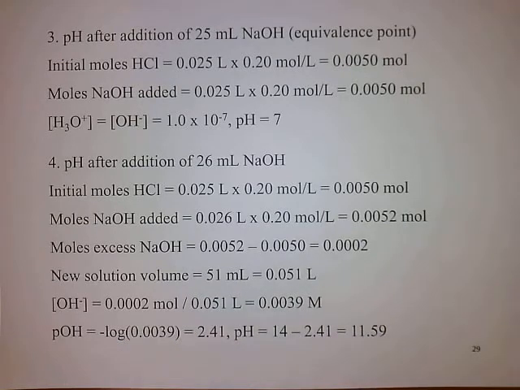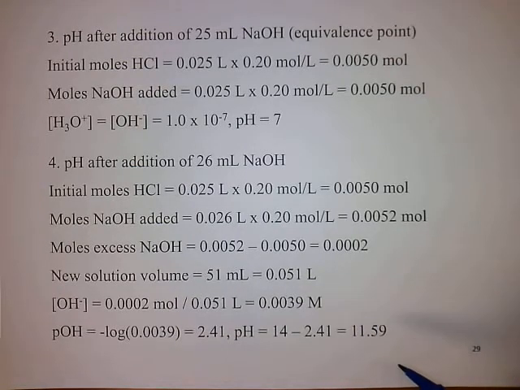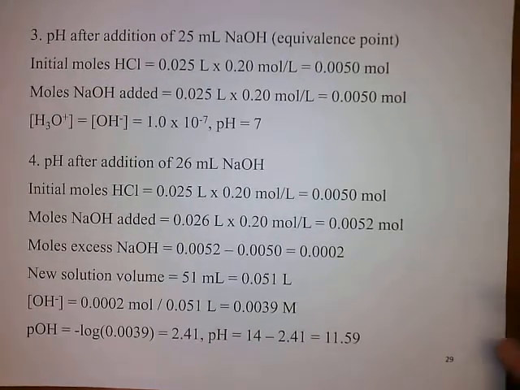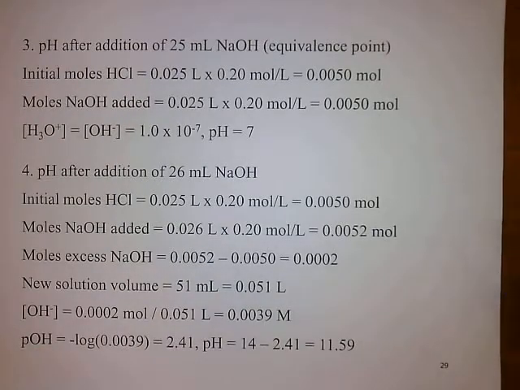The negative log of 0.0039 is 2.41. One more time, that's the pOH. So to get the pH, we subtract that from 14, and you get 11.59 as your pH.